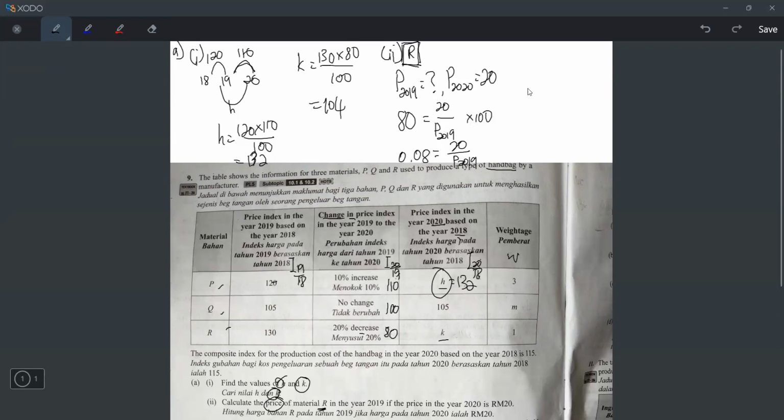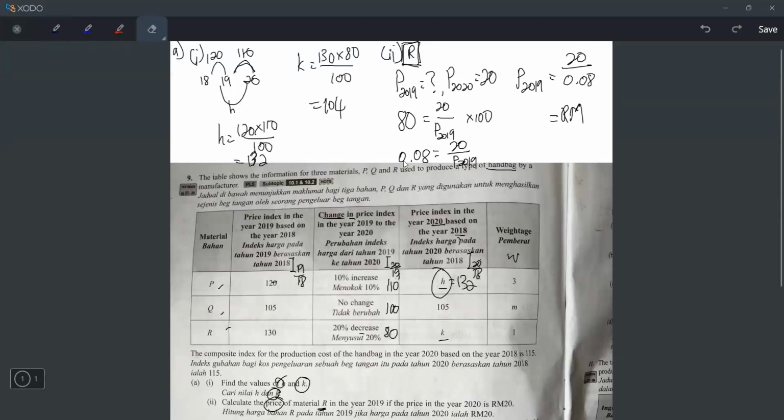Take 0.8. So the price in 2019, you can switch places. Okay. Switch place means this one and the 0.8 tukar tempat. So tukar tempat. So price 2019 will be 20 over 0.8. So RM what? Sorry, I silap already.